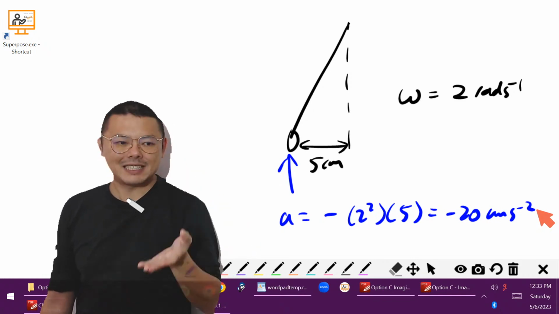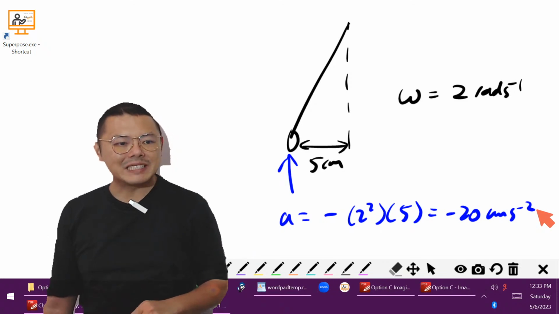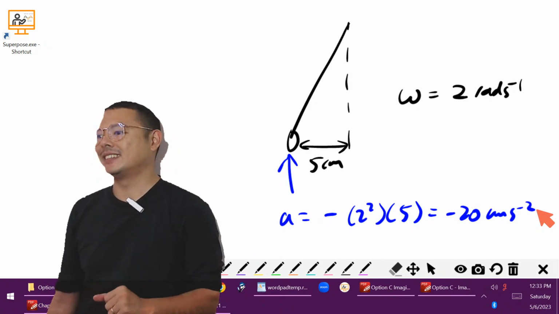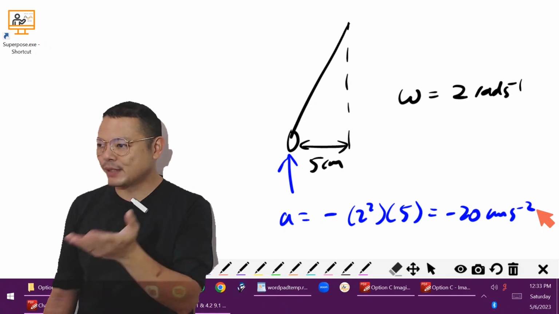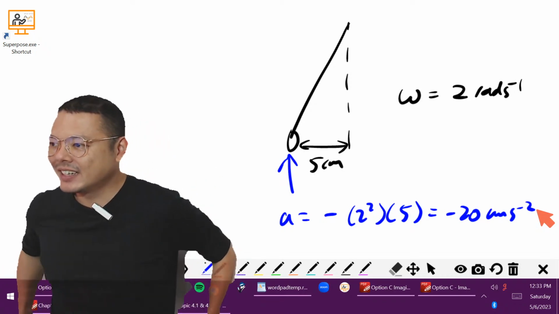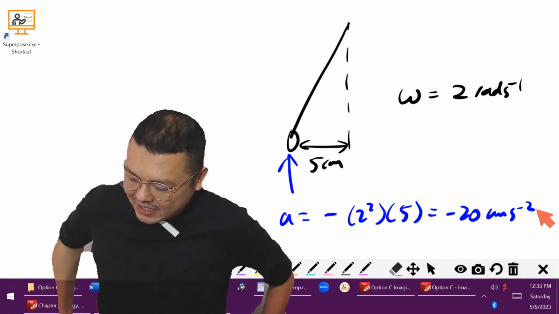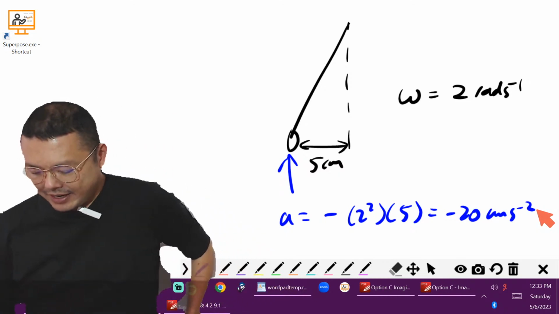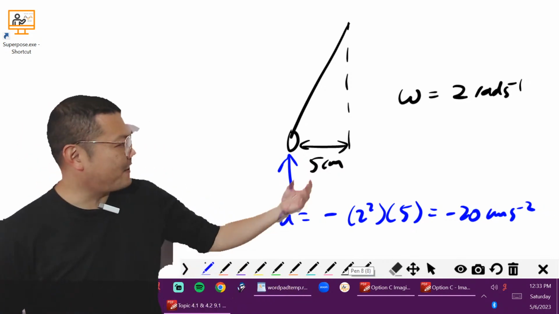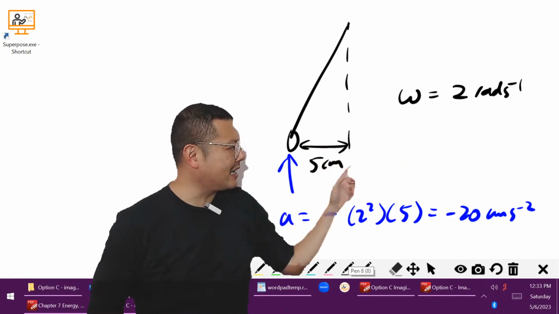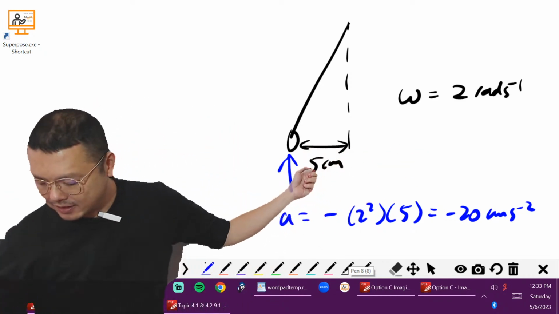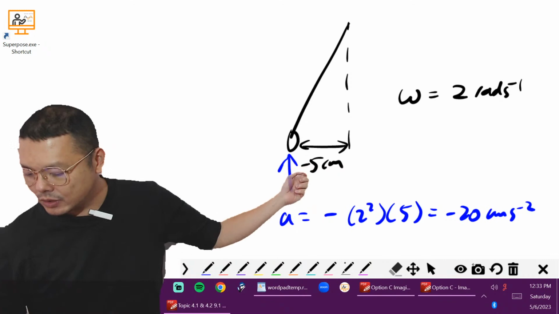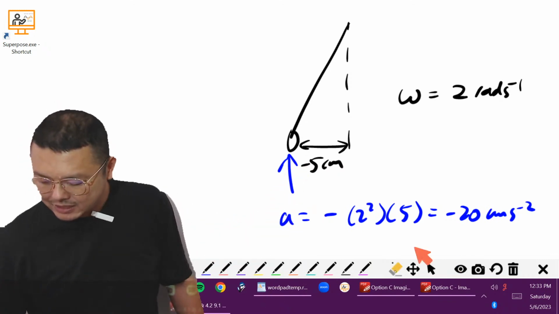But that's the purpose. What's the significance of this equation? Actually, guys, if I take positive to be the right side, technically the displacement here is -5. So what is the acceleration then? It's supposed to be positive 20.